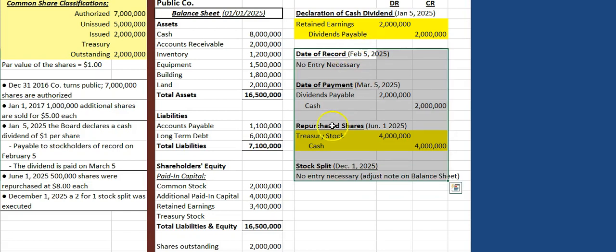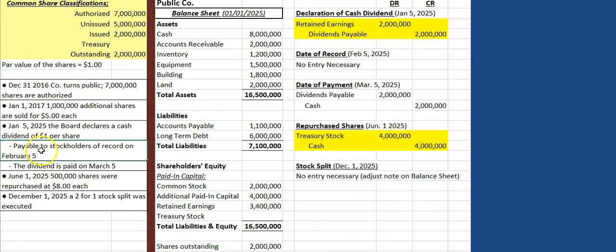Then it says these are payable to stockholders of record on February 5. What does this mean? Well, when you declare a dividend, you have to say who you're going to pay it to. You've got to specify which shareholders, because shares trade hands continuously, right? So there's a specific date of record that's stated, to whom that dividend is going to be paid.